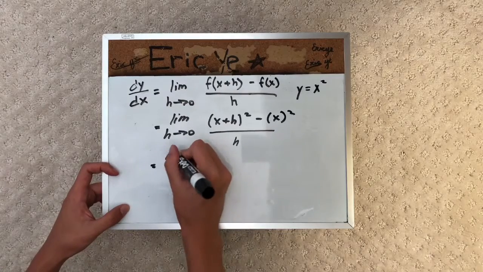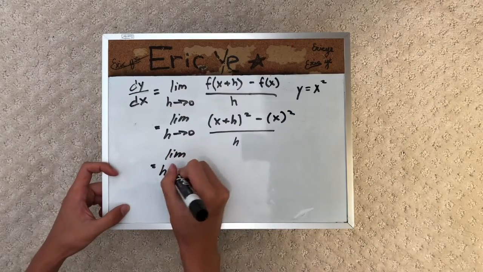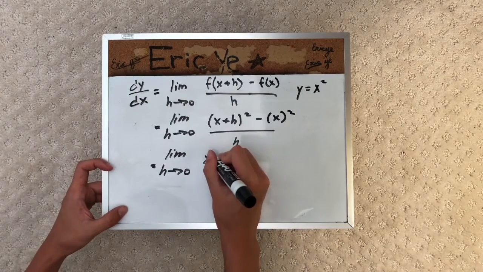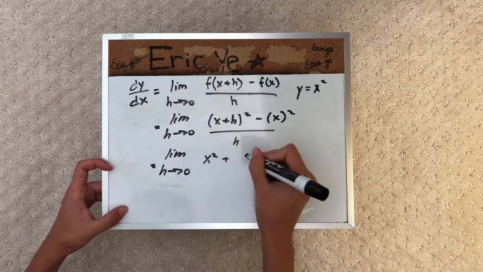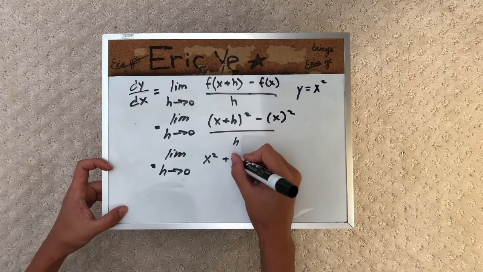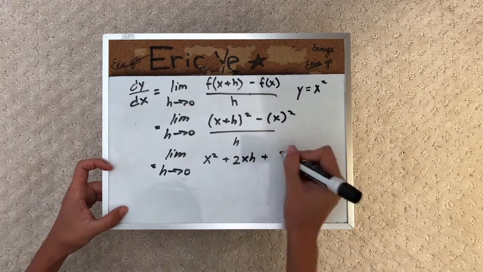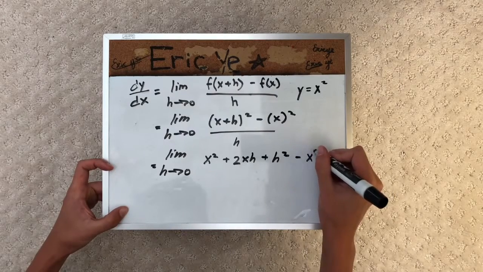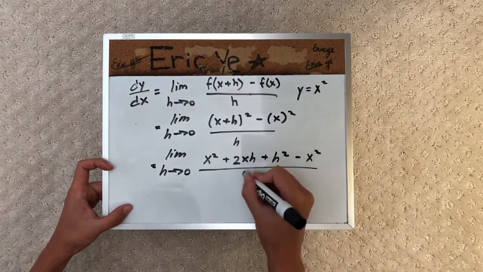So then it will be the limit as h goes to 0 of x plus h squared, which is x squared plus 2xh plus h squared, minus x squared over h.